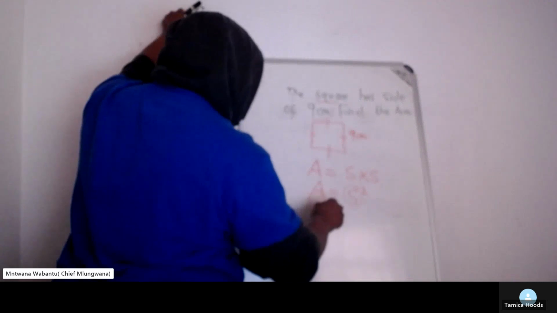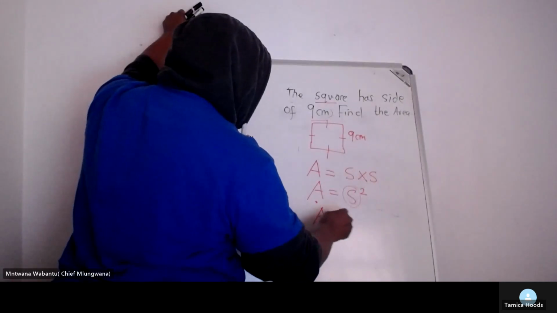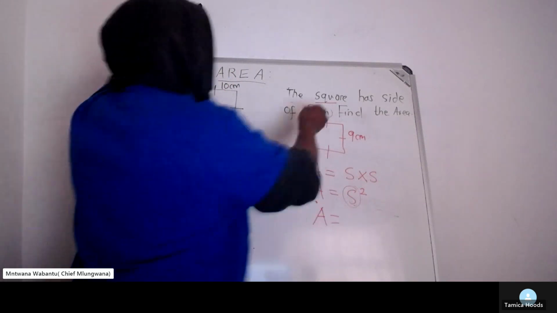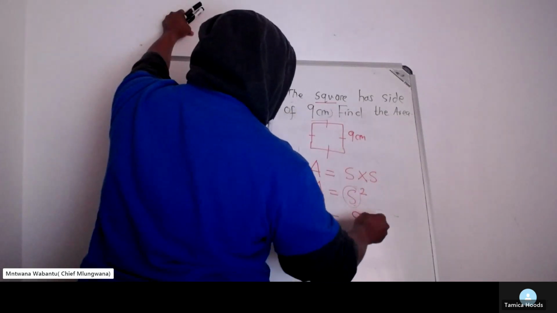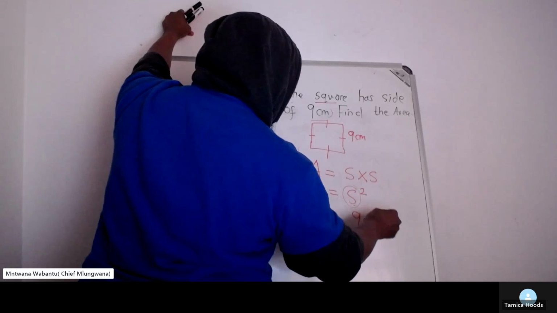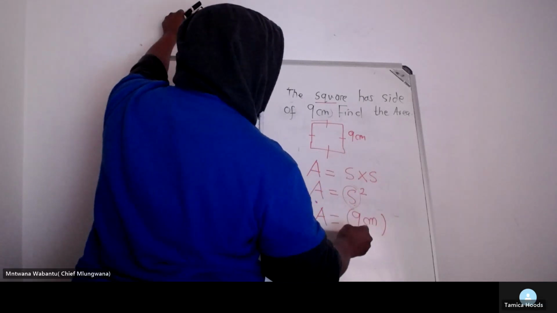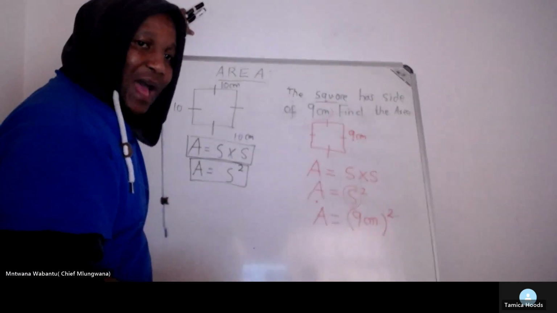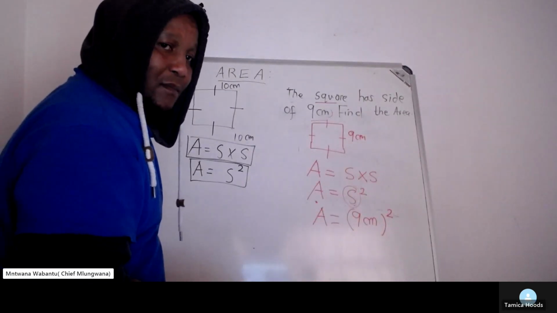So since area I don't know, I'll write it the way it is. Equal. Do I know my side? Oh yes, I do know my side is 9 centimeter. I'm going to say 9 centimeter, but I'm going to put a bracket, and then I'll say square. Are you with me? Yes.